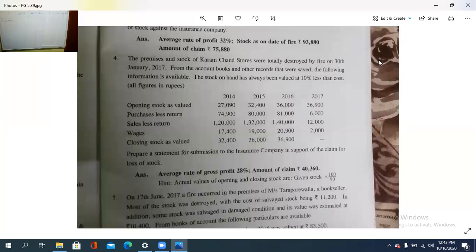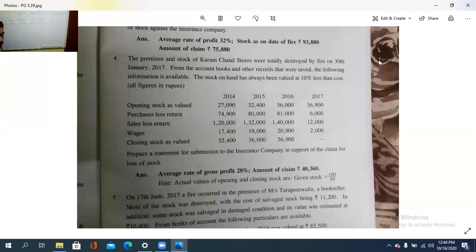Opening stock: to opening stock, how much? 27,090, 32,400, 36,000. To purchases less returns, how much? 74,900, 80,000, 81,000.